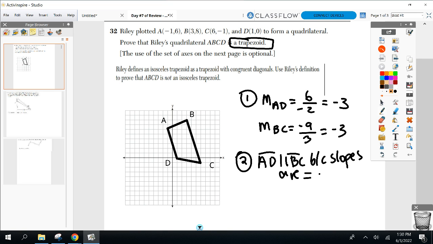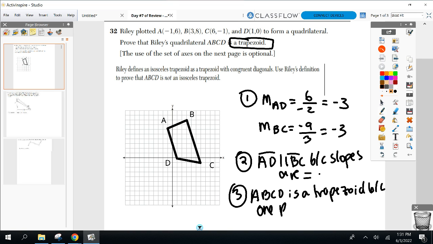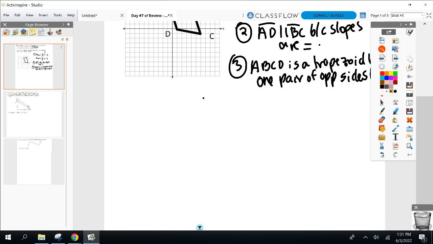Now you know it's a what? I proved a pair of sides parallel. Now you know it's a trapezoid. ABCD is a trapezoid because one pair of opposite sides is parallel. Good enough. Trapezoid.